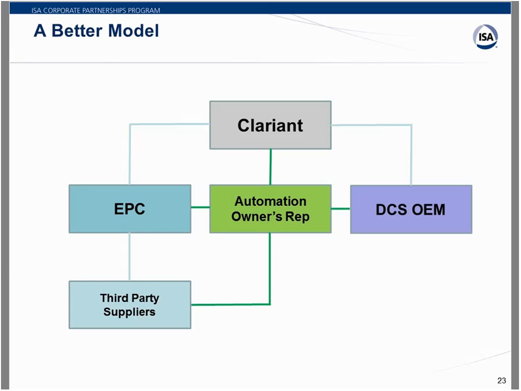So in this case, because the owner had directly contracted both the EPC and the OEM, they also then contracted an automation owner's rep company to help fill those gaps that were present in that original execution model. So you can see where it fit in there.